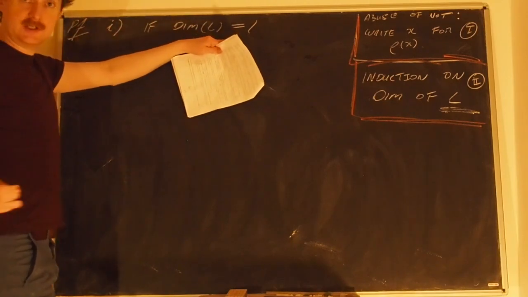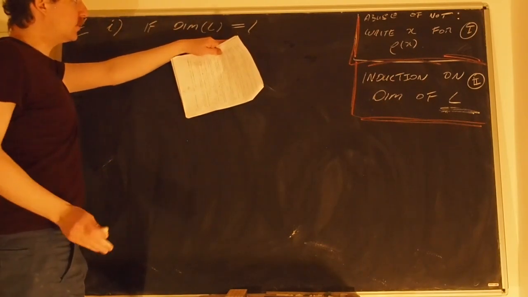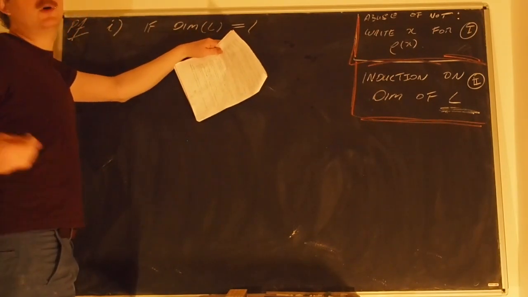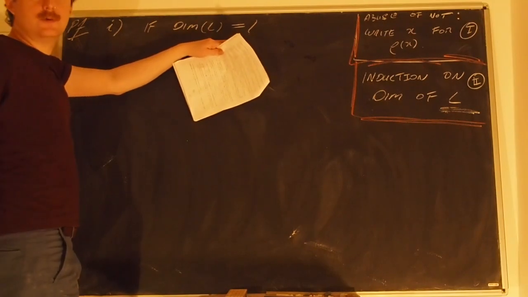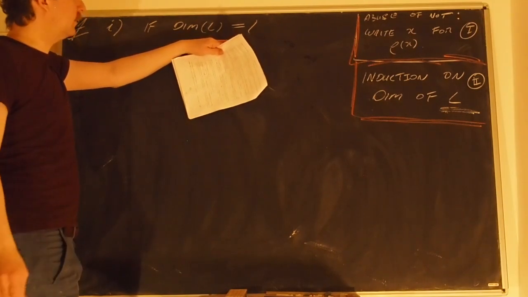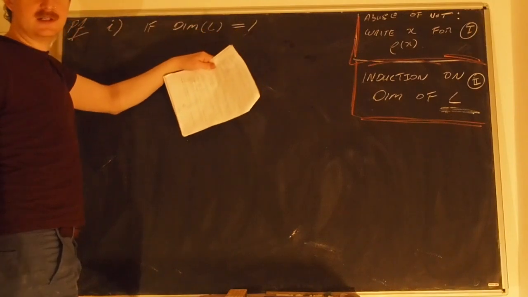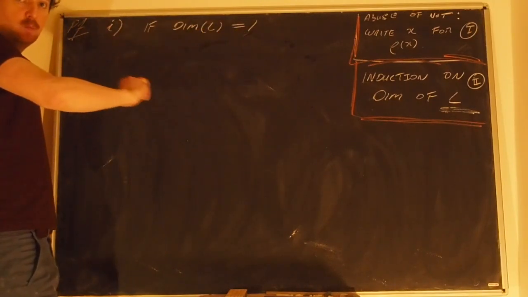So what we're going to do is start off from the first level of the induction. You could start off with the trivial Lie algebra 0, but that's obviously true. We're going to start our inductive process at 1.